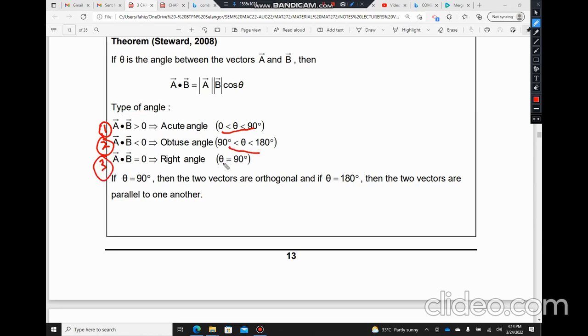Third, theta equals 90, and if theta equals 90, then the two vectors are orthogonal. Then for 180, they are parallel. So there are 4 cases here.